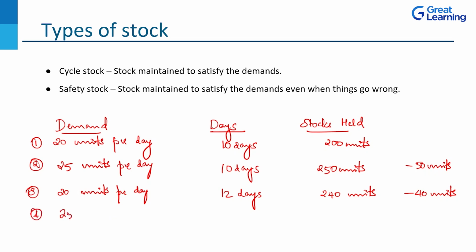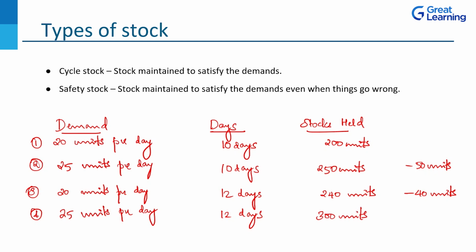The demand has gone high to 25 units per day, and also you're not getting the stock every 10 days. It is only on the 12th day you're getting the stock. That is 12 days, so 25 into 12 would be 300 units. So in this case, in order to satisfy the demand, you should have a minimum of 300 units.